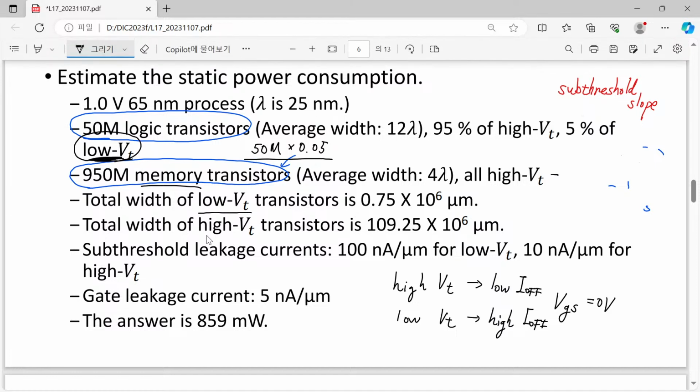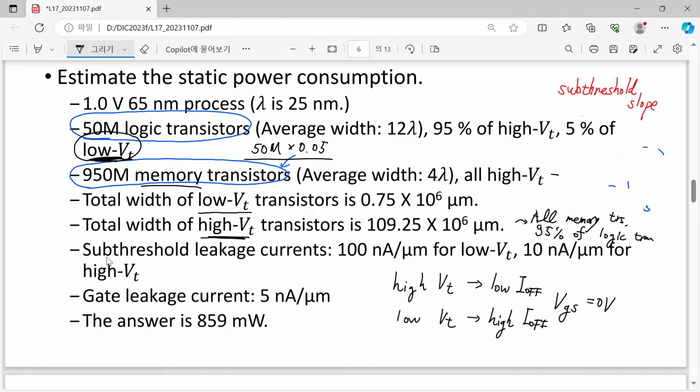And how about the high VT case? In this case, all memory transistors and 95% of our logic transistors are used with these high VT transistors.